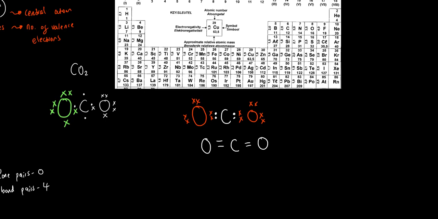Yes, the octet rule is followed here. So how many lone pairs do we have? Zero, zero. And then bond pairs, we have four. Perfect.